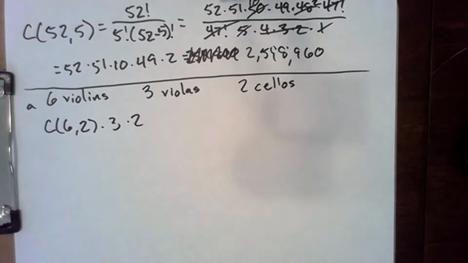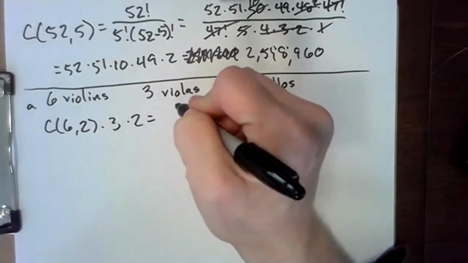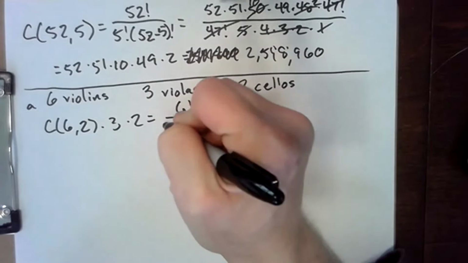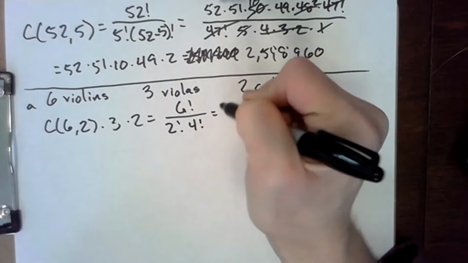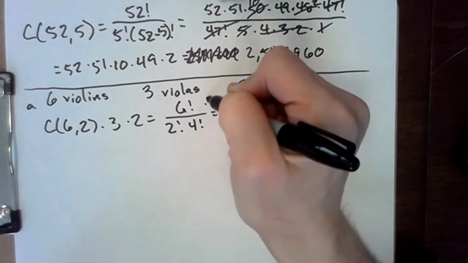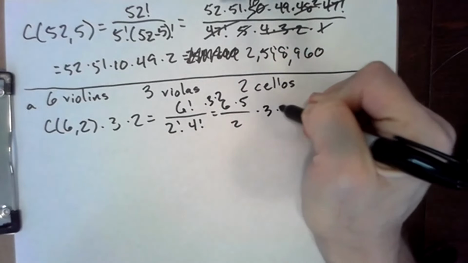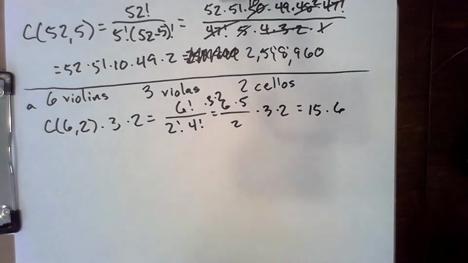We could write it as C(3,1) and C(2,1), but those are 3 and 2 respectively, so we don't need to bother. But C(6,2), that's 6 factorial over 2 factorial times 4 factorial, which is 6 times 5 divided by 2, and that times 3 times 2. So that's 15 times 6, which is 90.